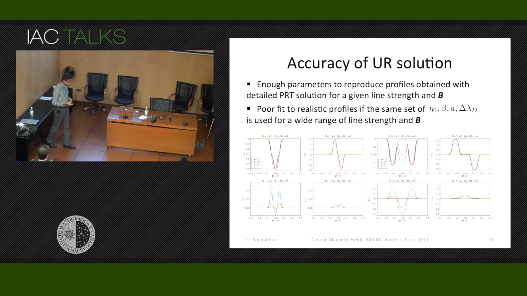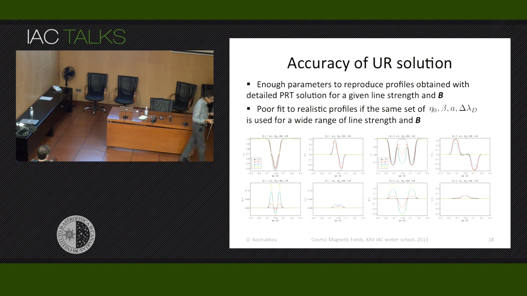Now there is, I think, a little bit of misconception going on in research on magnetic fields in stars, that the Unno-Rachkovsky solution is very good and really perfect. And indeed, the number of free parameters that we are given is fairly large. With 4 free parameters, we are able to reproduce essentially all types of individual calculations of the 4 Stokes parameters.